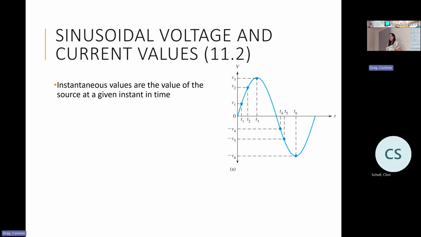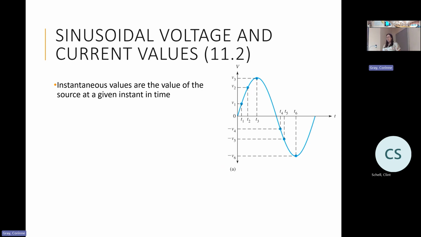If we are dealing with instantaneous current or voltage, and we're just dealing with that specific value, we go through and treat our circuit the same way we have before, where we would take our AC source and replace it with that specific voltage or current source value. So instantaneous values: what is the current or the voltage at an explicit time?